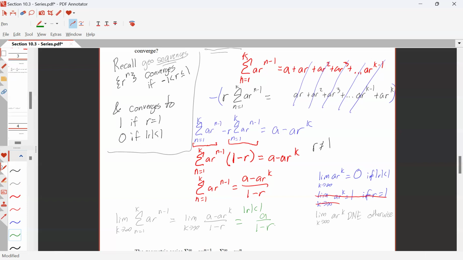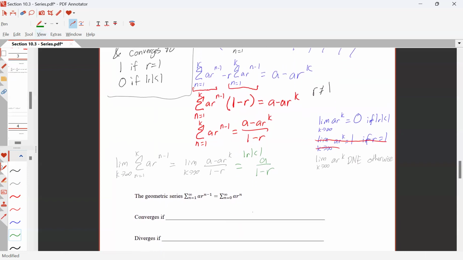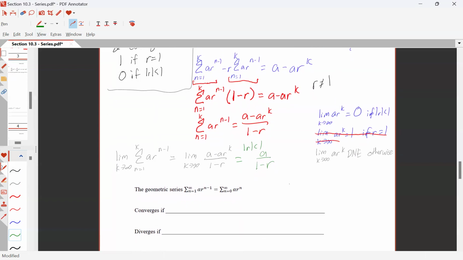But that limit doesn't exist in any other situation. So that gives us that geometric series converge if the absolute value of r is less than 1, and it converges to a over 1 minus r. It diverges if the absolute value of r is greater than or equal to 1.